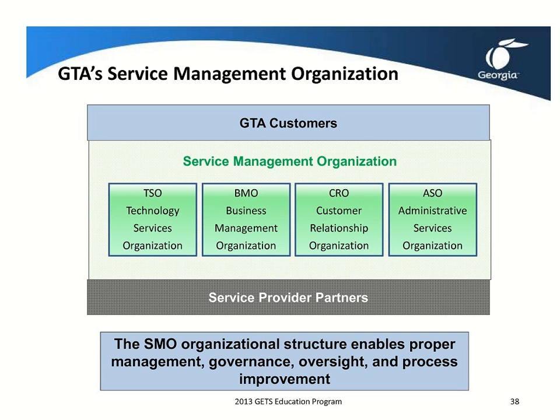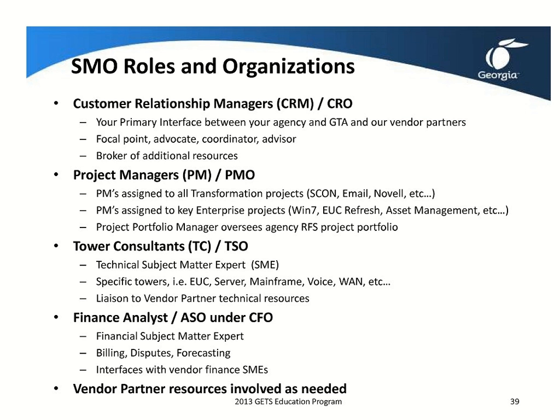The customer relationship managers, called CRMs, are within the customer relationship organization led by Steve McGinnis. They're your primary interface between GTA and our vendors. They're a focal point, advocate, coordinator, and advisor, and broker of additional resources.